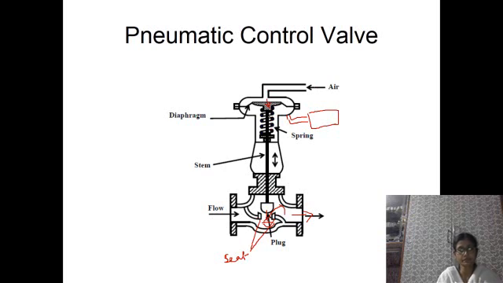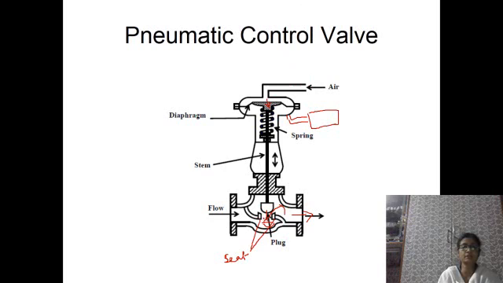When the air pressure increases, then the stem moves downward. If the plug is at the lower portion of this seat area, then the path will be more open. So this is air to open type.